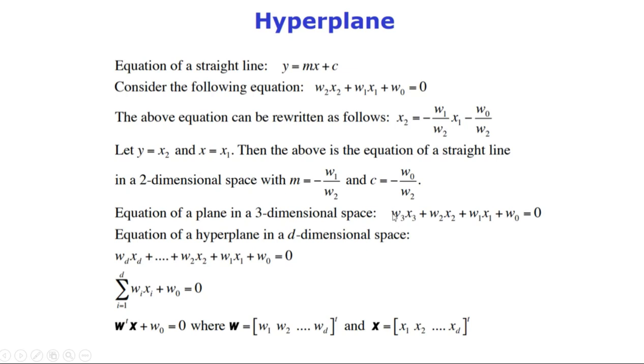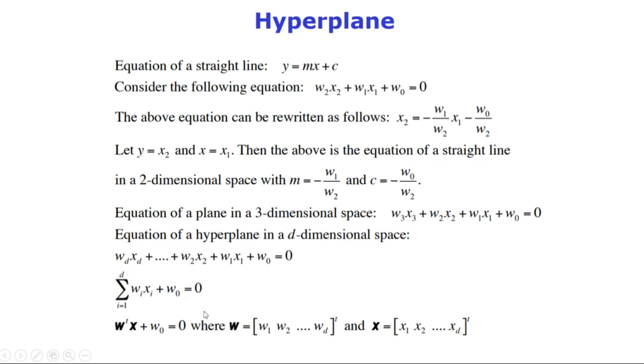For example, if you have more than two dimensions, say 3 dimensions, then the equation of the hyperplane will be w3x3 plus w2x2 plus w1x1 plus w0 is equal to 0. If the hyperplane is in a d-dimensional space, you can write wd xd plus and so on plus w1x1 plus w0 is equal to 0, and you can write it compactly as the sum over wi xi, where i runs from 1 to d, plus w0 is equal to 0.